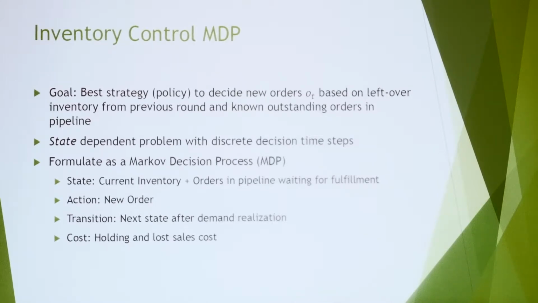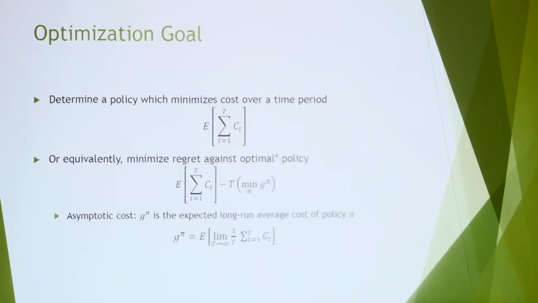And finally, the cost that you incur is, as I mentioned, the holding and lost sales cost, due to the amount of inventory you have on hand and the amount of demand that comes in. Okay, so our optimization goal is simply to determine a policy which minimizes the average or total cost over a time horizon.